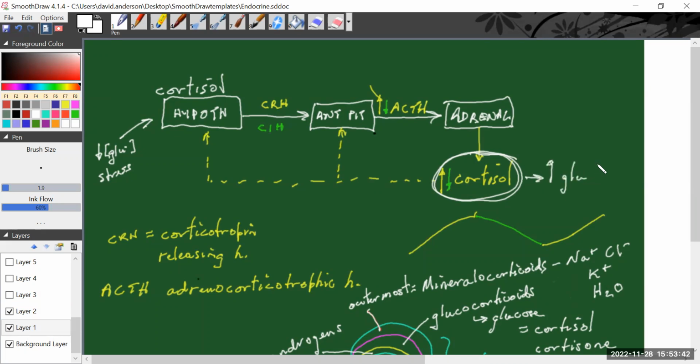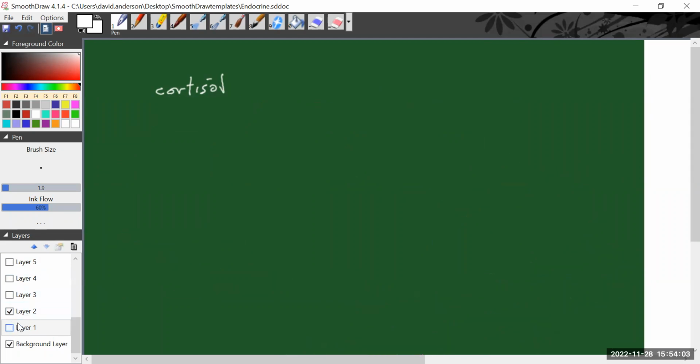Another hormone that raises blood glucose, remember we said T3, T4 raise blood glucose. Growth hormone raises blood glucose. So the hormones that go backwards that support those pathways will all be other examples of hormones that raise blood glucose. We haven't talked about any that lower blood glucose yet. So we know cortisol is going to raise blood glucose levels, that's for sure.